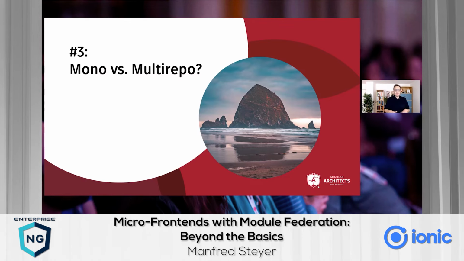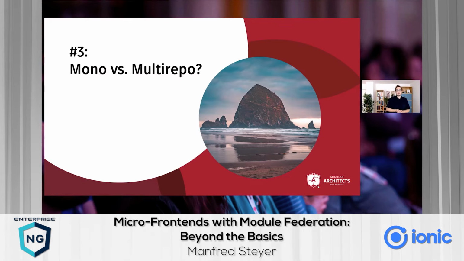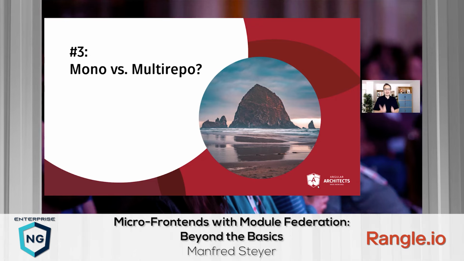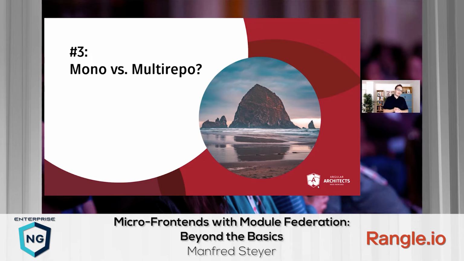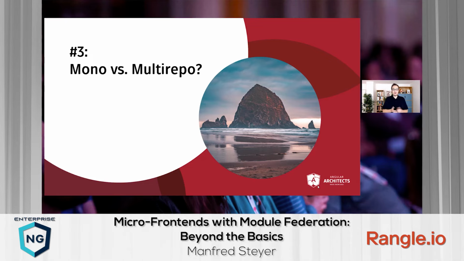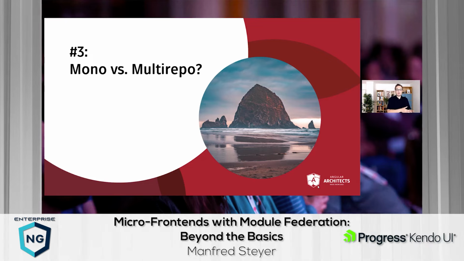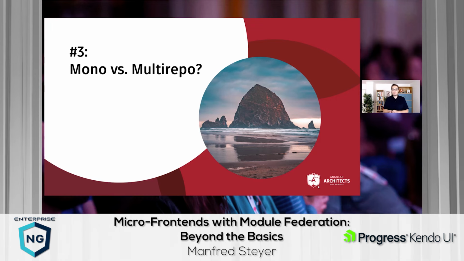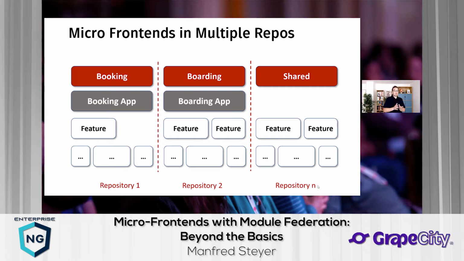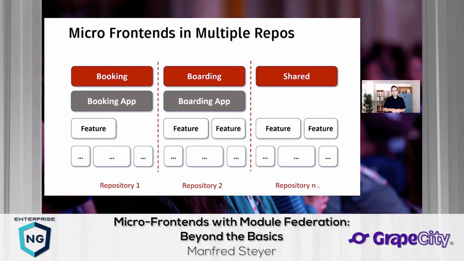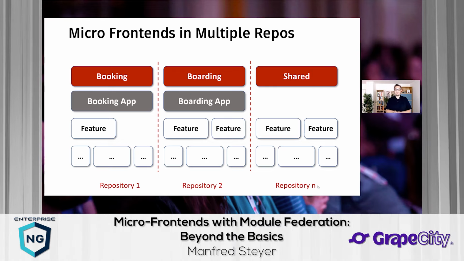Now let's talk about a huge topic, a topic that was heavily discussed in the past. For some reasons, there is a lot of emotion when it comes to this topic. It's about using a monorepo or a multi-repo. Honestly, when using micro-frontends by the book, you would go with different repositories.